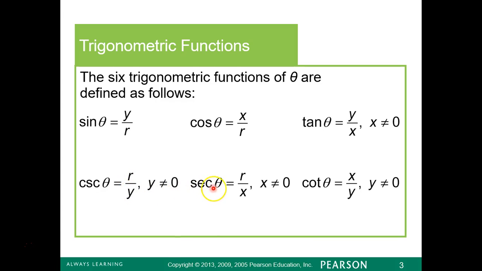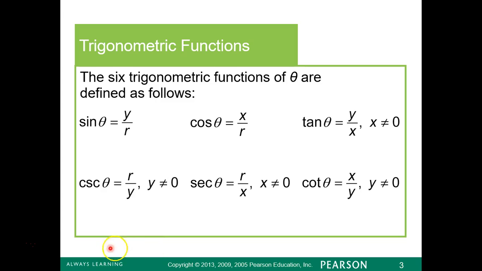The same goes for cosine and secant. They are reciprocals of each other. So secant is equal to r over x. Just reverse these 2 values. And then cotangent, same thing. Cotangent of theta is equal to x over y, which is the reciprocal of tangent.